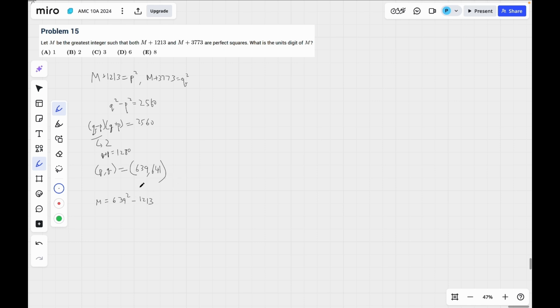Since we only want the units digit, we can take a mod 10, which is equal to 9 squared minus 3 mod 10, which is equal to 8 mod 10. So that's our answer. So our answer is E.